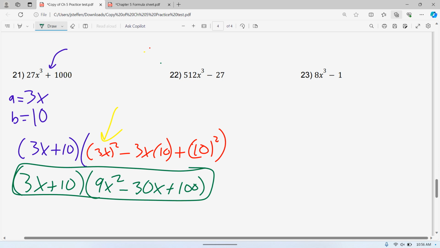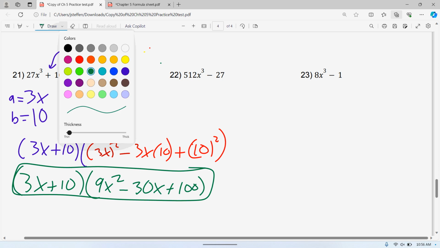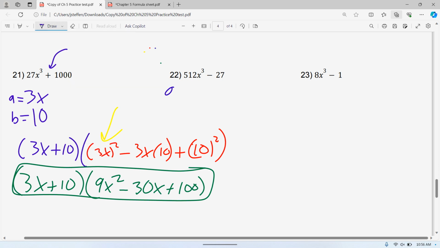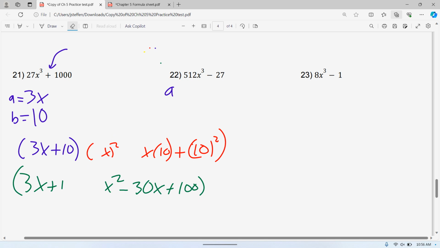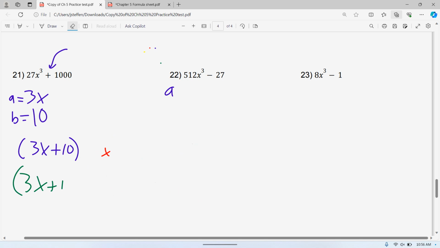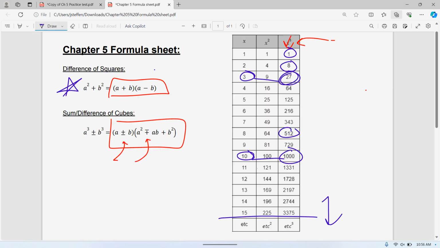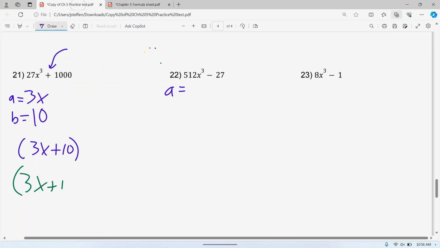Same thing, and I will erase that in a bit here. Actually, I might as well erase it. You can always rewind. 512 is 8 to the third. We just said 27 was 3 to the third. So again, we have 8x minus 3.